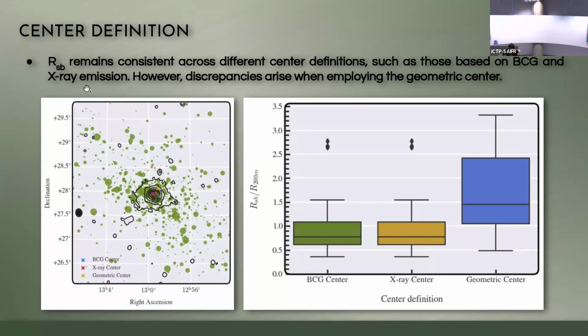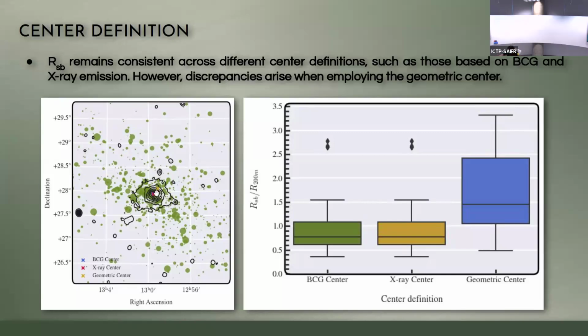Let me show an example for a common cluster. The BCG is in black. The lines here are the levels of X-ray emission. In this case, the X-ray and the BCG are pretty aligned. With lensing, can you also see the mass center of the cluster? Yes, but maybe not with such a resolution.